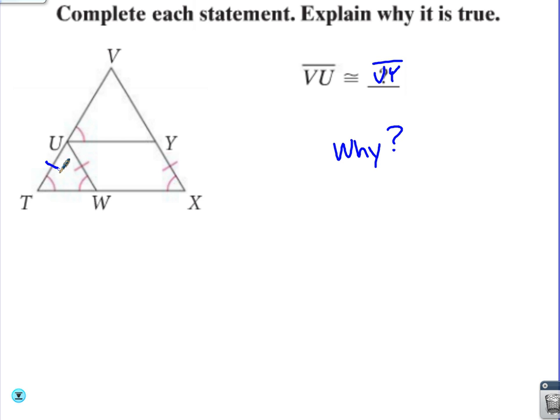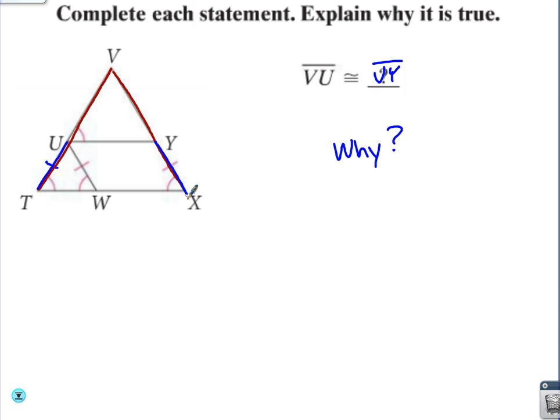That makes sense to everybody because it's isosceles. If these are the same, those are the same. We also know that from the first problem, VT is the same thing as VX, correct? We also know that UT is the same thing as YX.